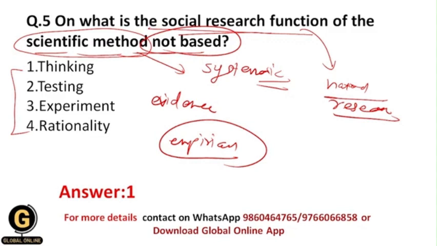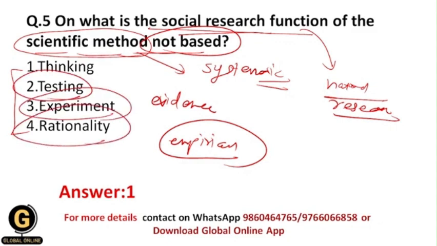That's why we do the testing, we do the experiments, and we apply a lot of rationality. Rationality means there is proper evidence and there are proper empirical methods. We don't only think over here. That's why the social research function of the scientific method is not based upon thinking, and the correct answer over here is 1.